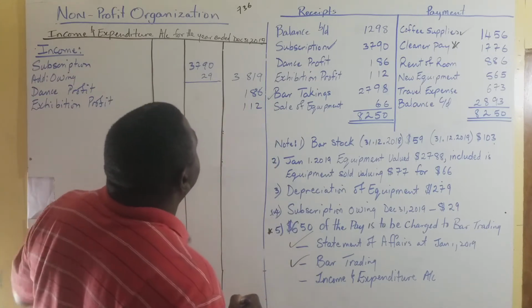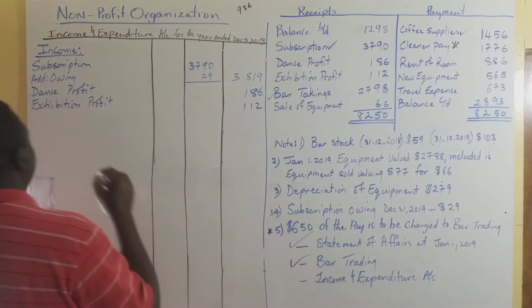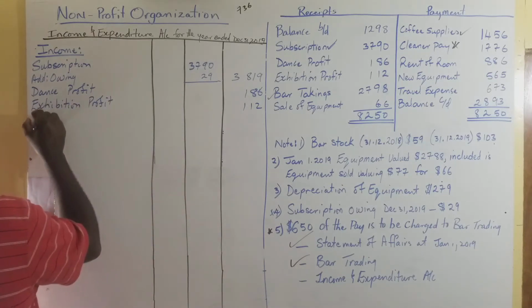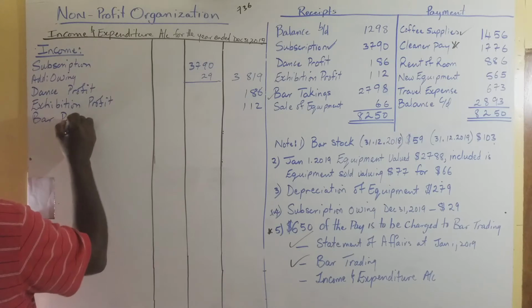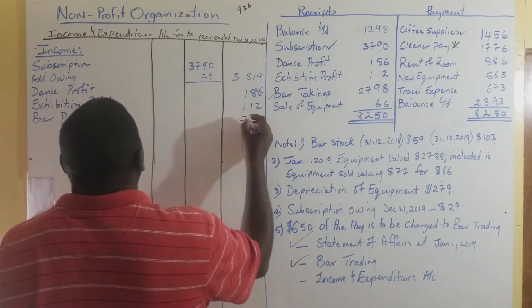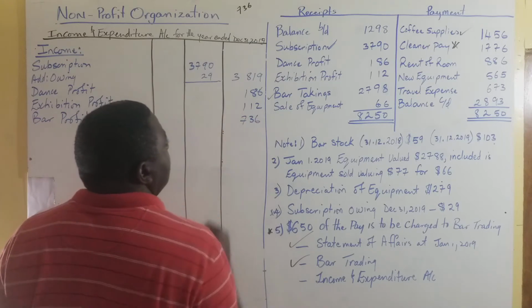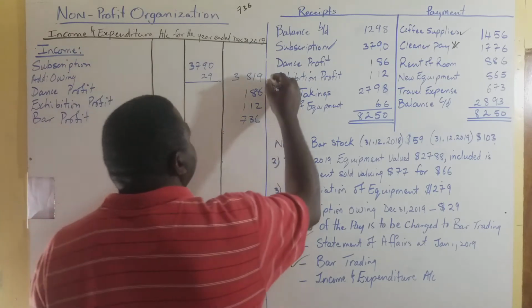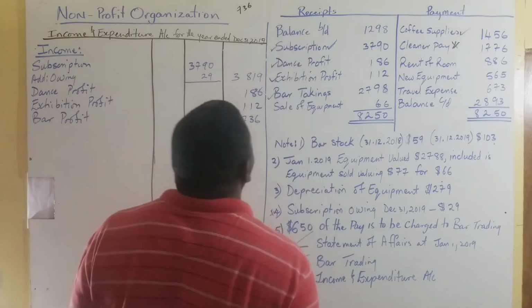We worked out the bar profit earlier, and the bar profit is $736. So we've used this item, this one, and this one.